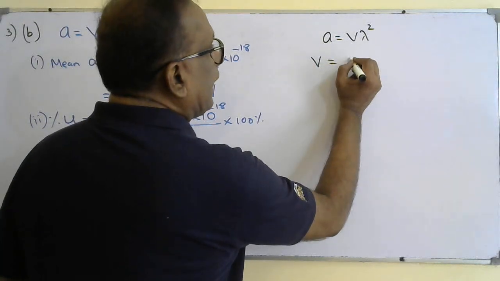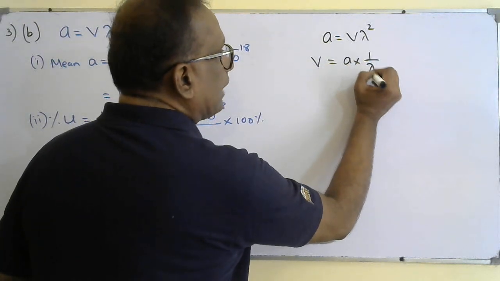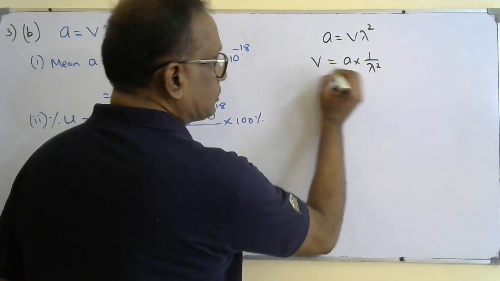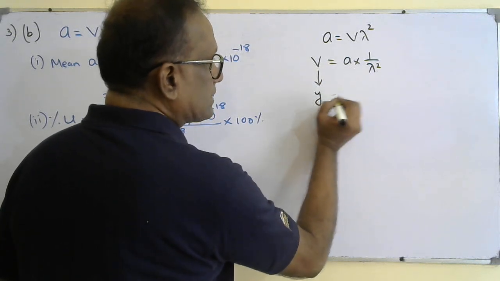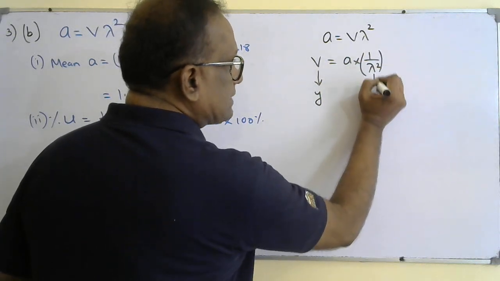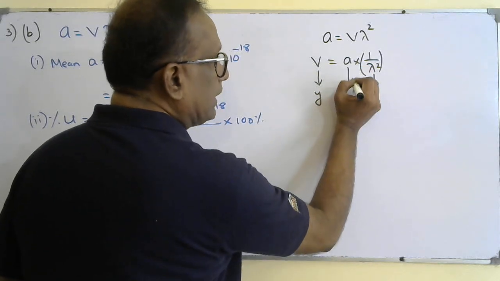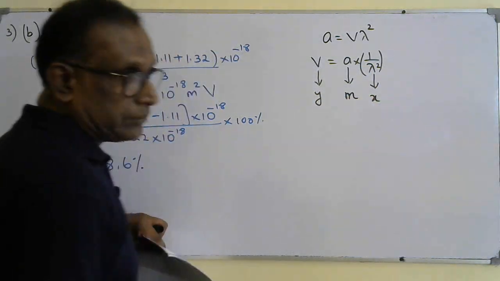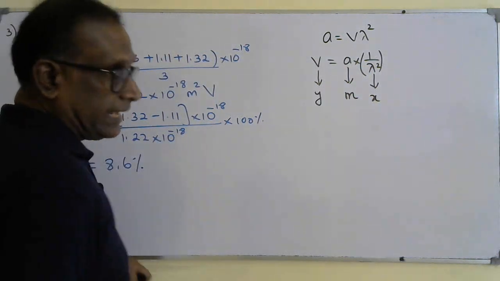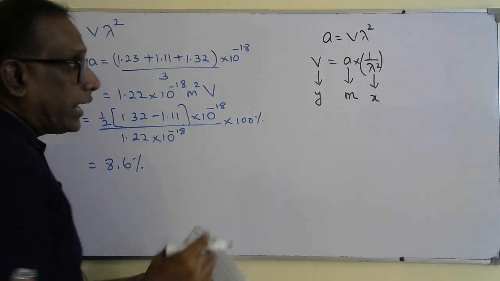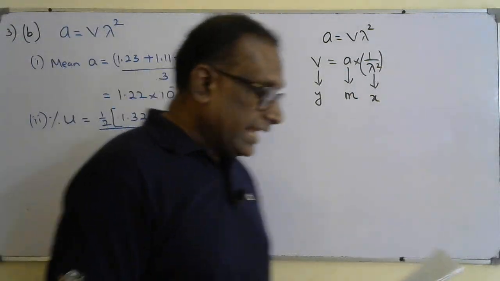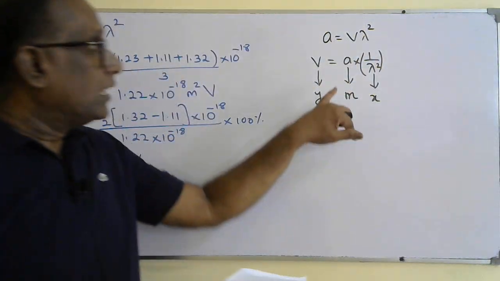V equals A times 1 over lambda squared. A is a constant, so if I plot V on the y-axis and 1 over lambda squared on the x-axis, the gradient must be a constant. So you will get a y equals mx format. Gradient gives A.